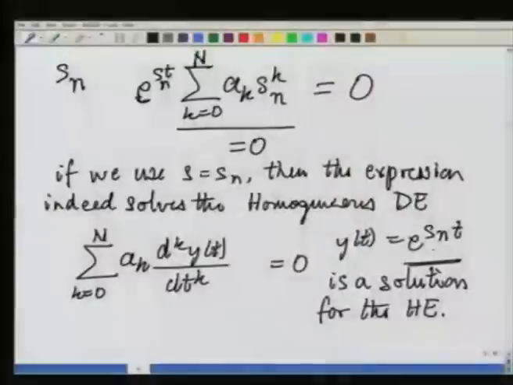Now, from what we have written over here, the first thing I can say is that I just chose S n as one of the capital N roots of the polynomial algebraic equation. If e to the power S n t is a solution for the homogeneous differential equation, then I can make the following remarks immediately, and each of these remarks will turn out to be self evident or will require very little explanation.